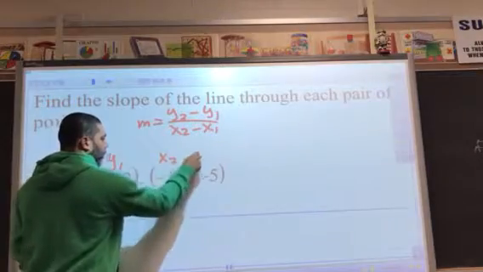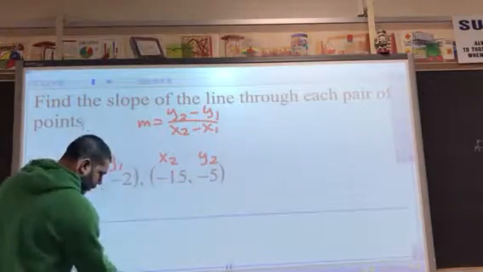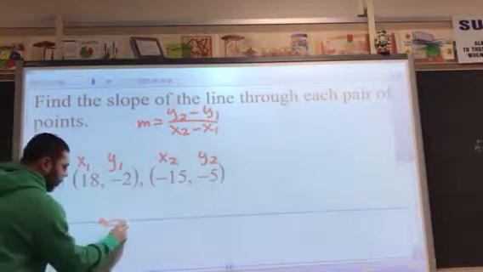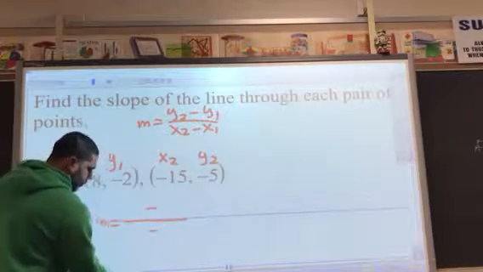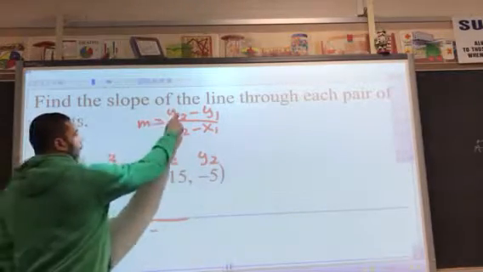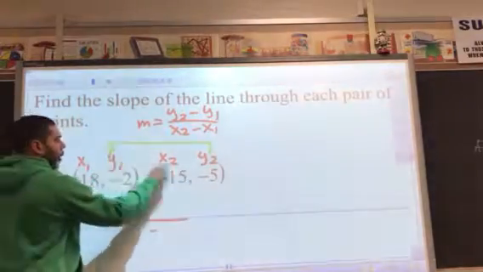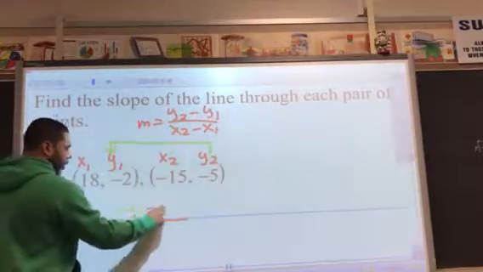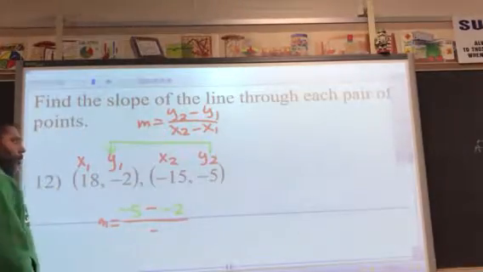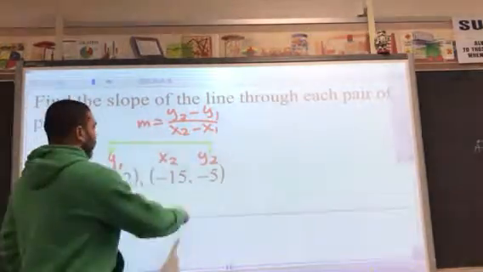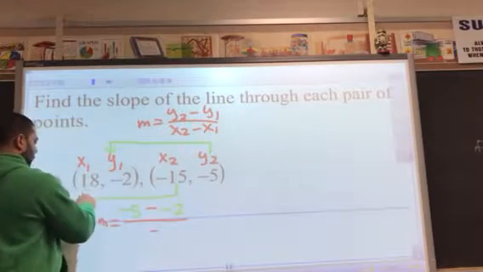This is the second point. That's x2, y2. And I just need to plug them in. So it says y2 minus y1. So y2 minus y1. y2 is -5. y1 is -2.